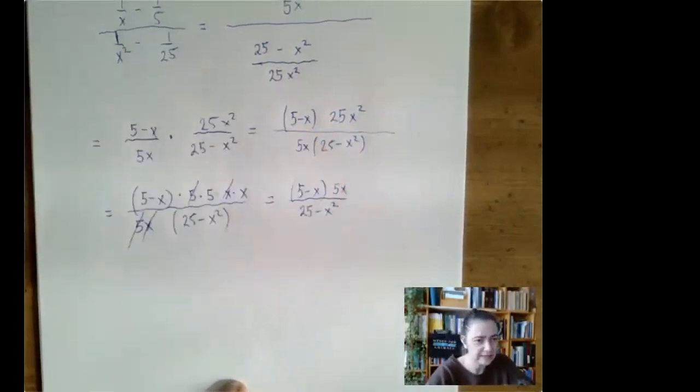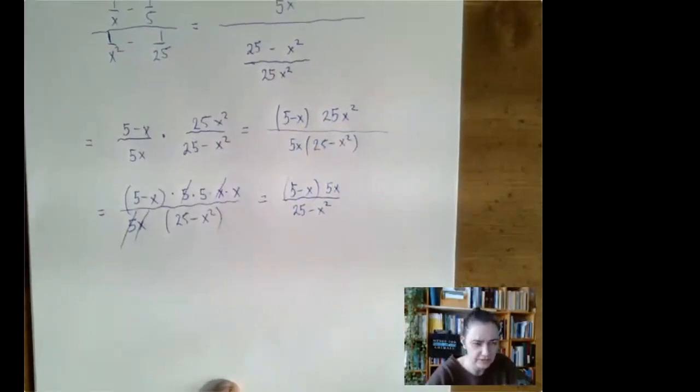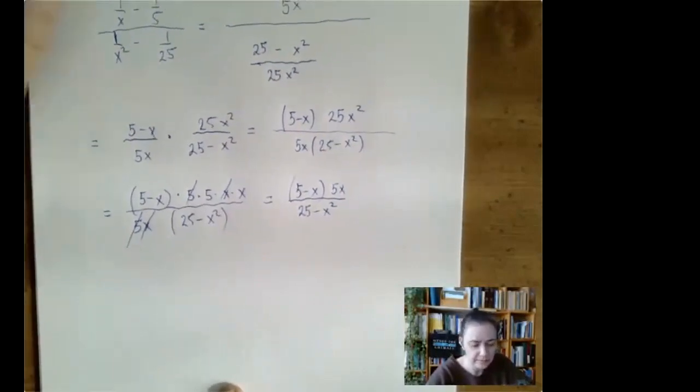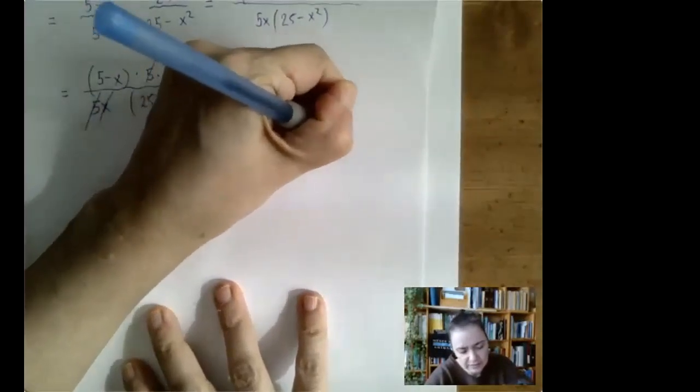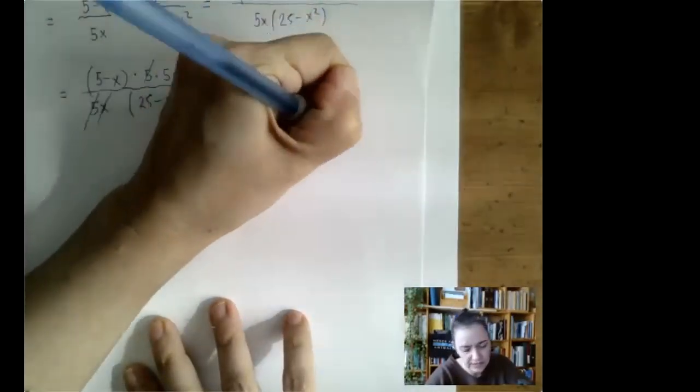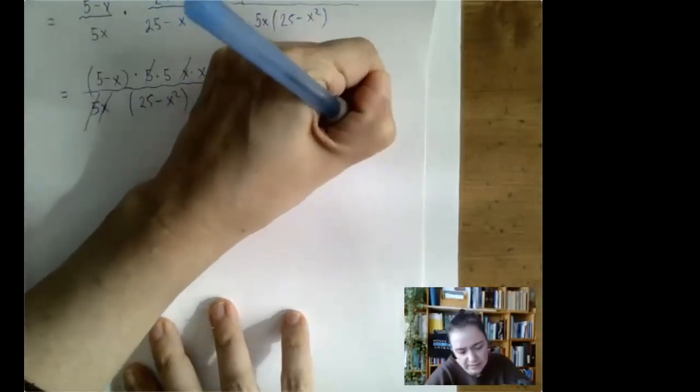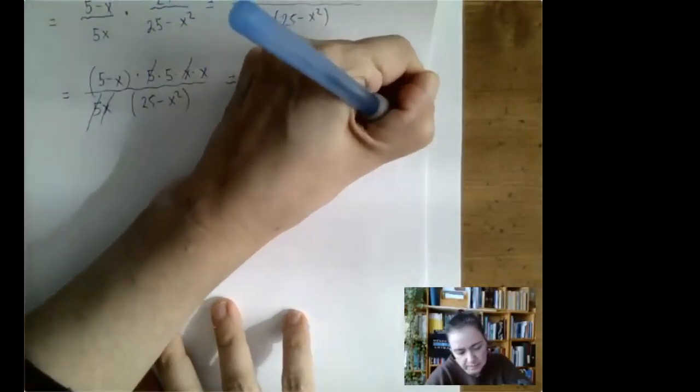And the denominator can be further factored via the difference of squares theorem, right? Remember, a squared minus b squared can always be factored into a pair of conjugates as a plus b times a minus b.